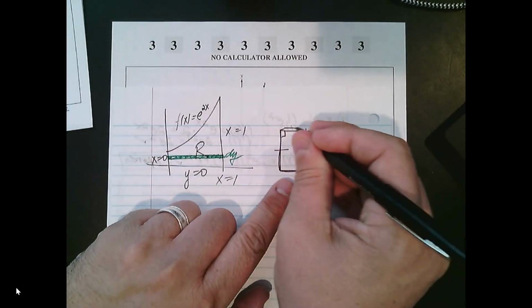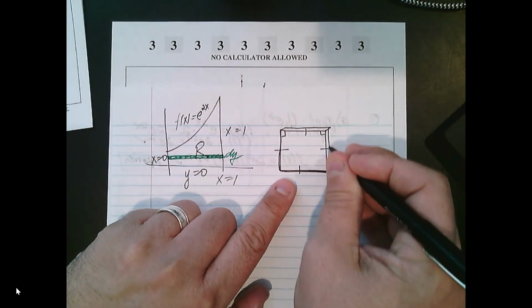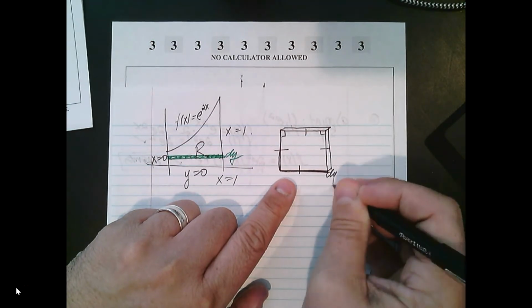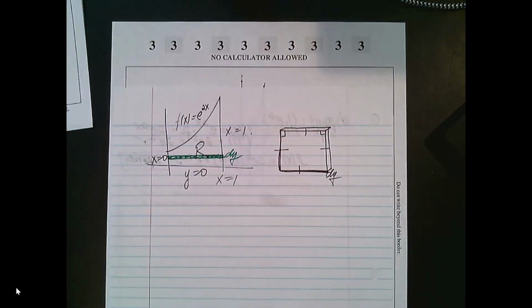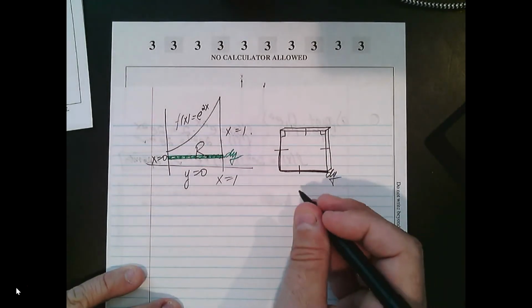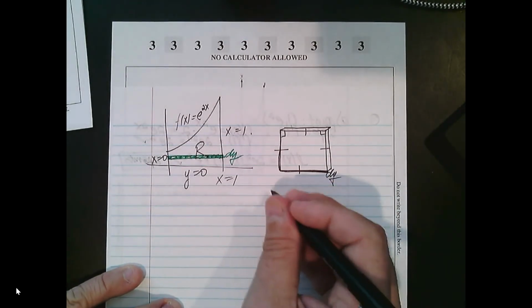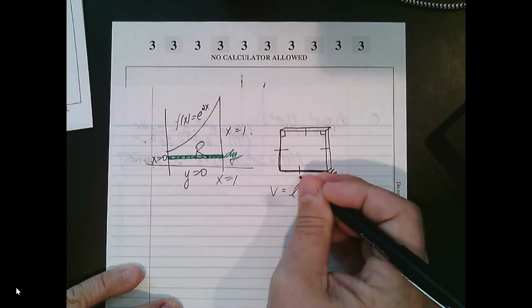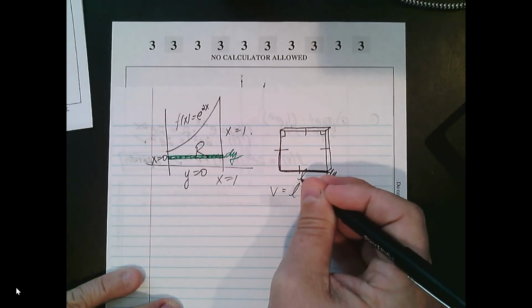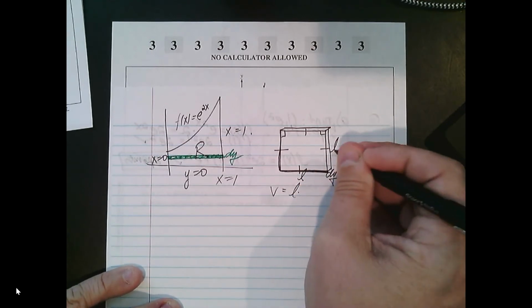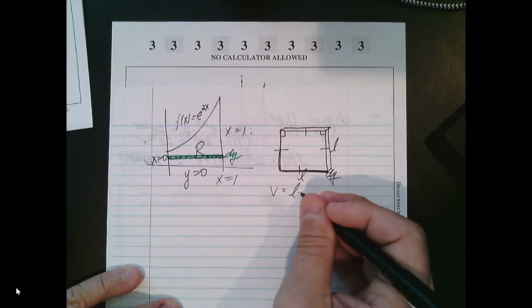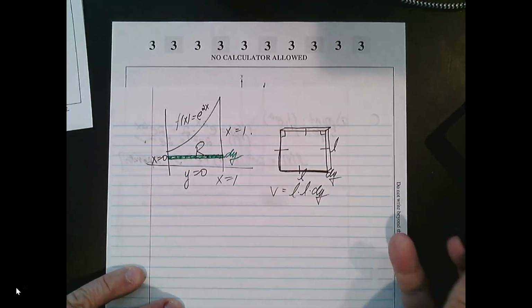And I like to think about these squares as having a thickness. The thickness is the dy. To find the volume of a slice, we're going to say that it's the length, whatever this length is here in terms of y, times whatever length this is here in terms of y, times dy.